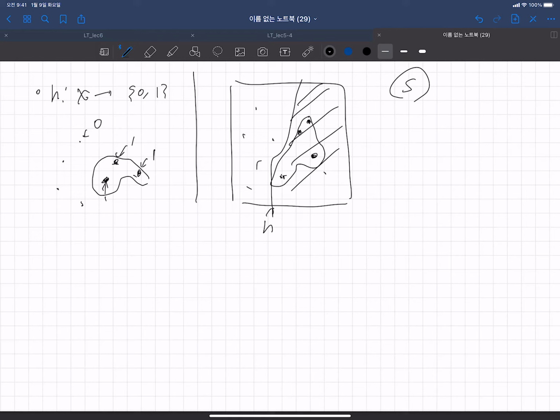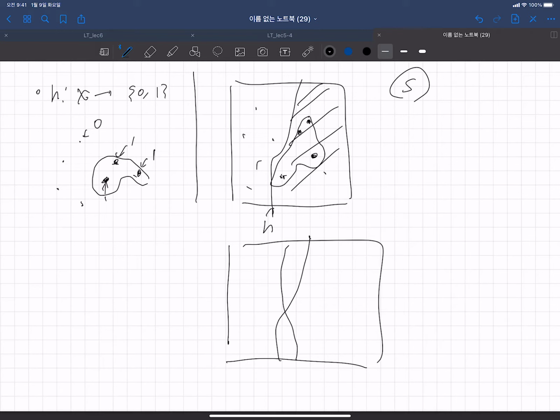But note that in this definition, although we have two different hypotheses, when the training data points are not located here, then the responses from this hypothesis H and this hypothesis H prime are the same. H also has a positive data point here, and H prime also has a positive data point here.